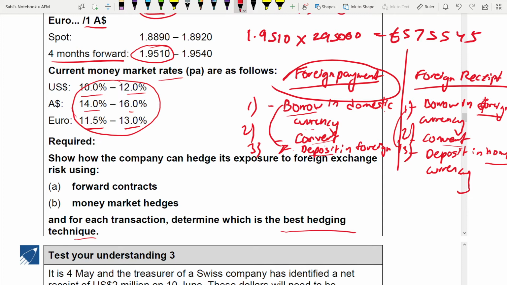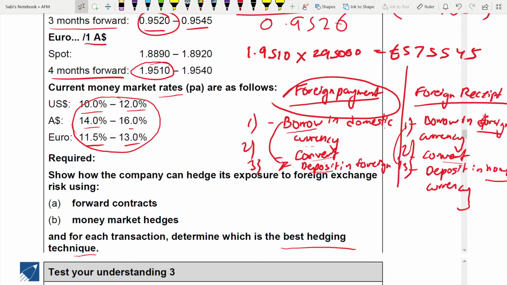So for the first one, you don't need this. You only need the US dollar and the euro interest rate. What is the borrowing and what is the investing rate?